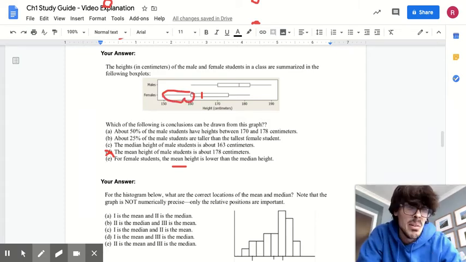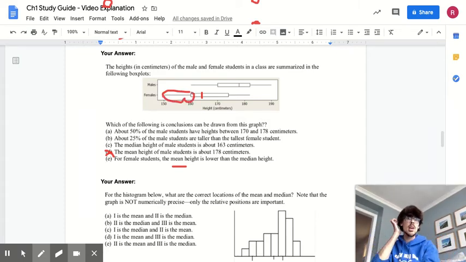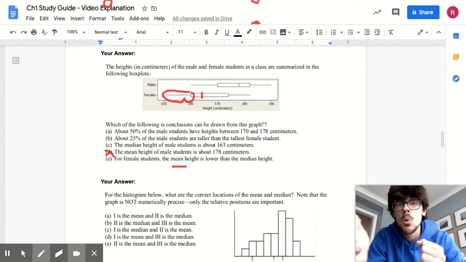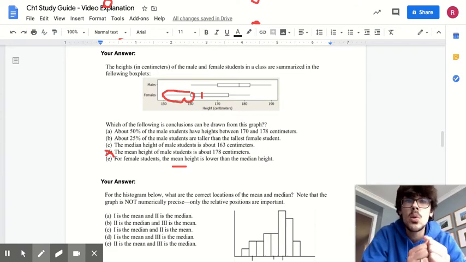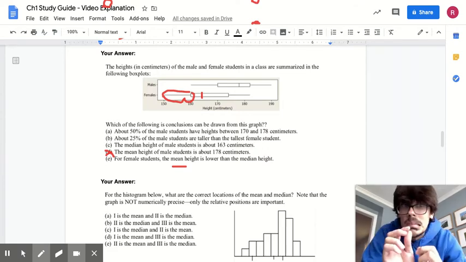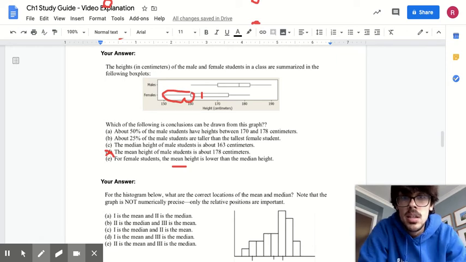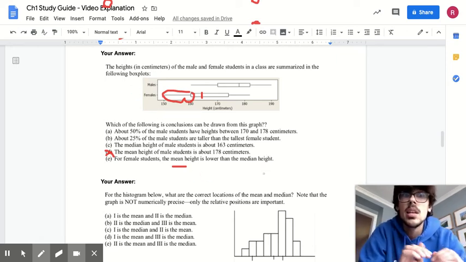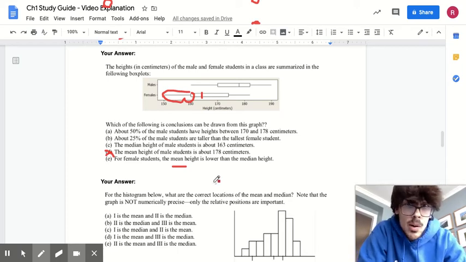I might say a very slight left skew, but it's not super evident from the picture. The mean does go towards the tail, the skew of the graph. So the mean would be probably a tiny little bit left of the median, which is what this choice says, but that's a little bit shaky. I think there's going to be a much clearer answer in the first couple. So let's get to those.